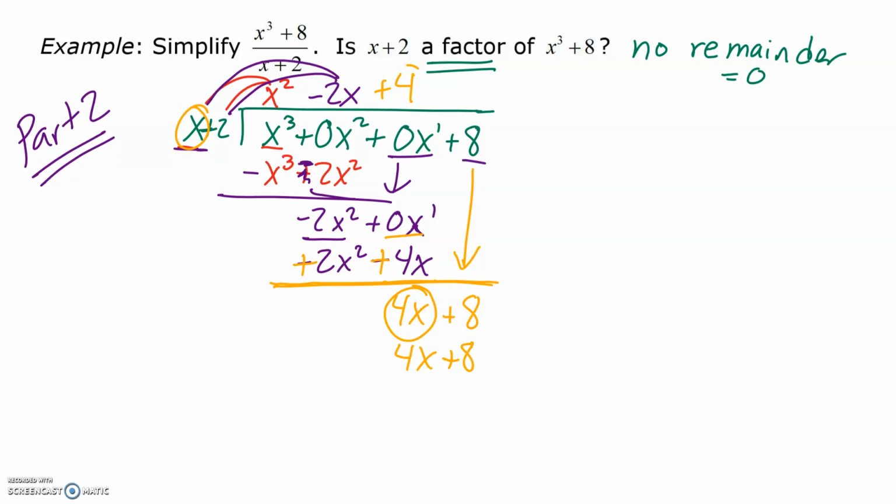And now we're going to go ahead and subtract. I'm going to do that in a different color so you guys can see it. So we're going to subtract 4x, and we're also going to subtract 8. So 4x minus 4x is just going to give us 0, and 8 minus 8 is going to give us 0 as well. So what this tells us is that there is no remainder.